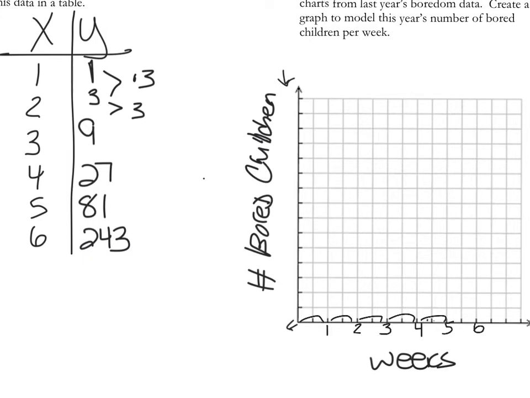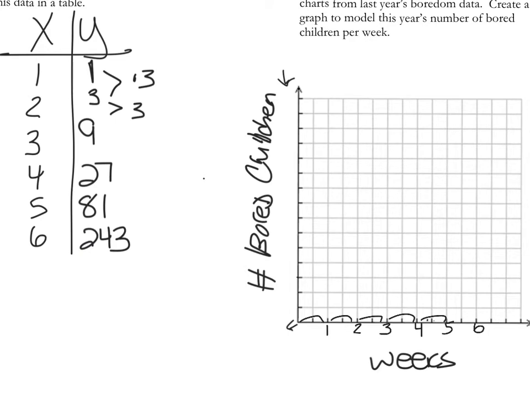Okay? All right, number of bored children. I've got 1 child up to 243 children. Okay, and it goes 1, 3, 9, 27, 81. Let's see if I do 25 this way: 25, 50, 75, 100.